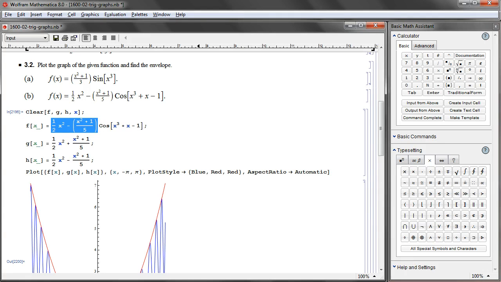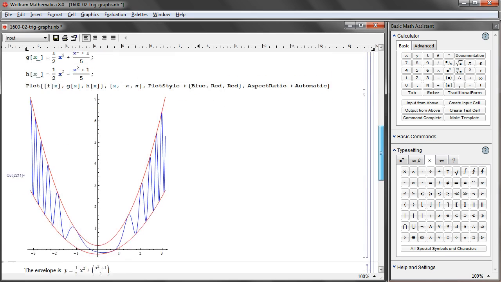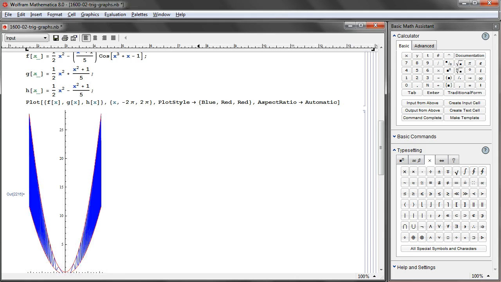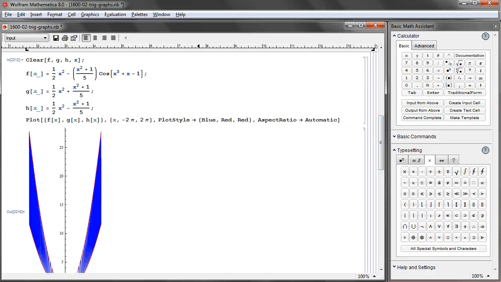So the function down below, 1/2 of x squared minus that, will be one envelope. And when this cosine part is negative, this one will be the other envelope, and we are going to have fluctuation between those two. -pi to pi. What if I go from -2 pi to +2 pi? Well, we have clear enveloping behavior as we expected.